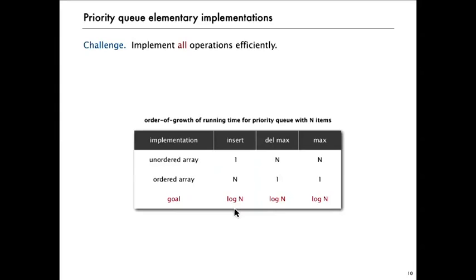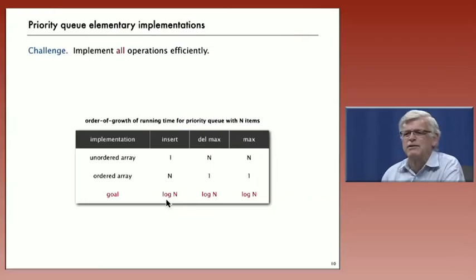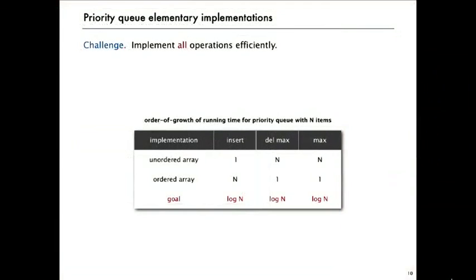Whereas what we can hope for and what we actually will achieve is to get log N time, time proportional to log N for all operations. With a clever data structure and interesting implementation, we can actually achieve that goal. That's the basic API and some elementary implementations for priority queues.